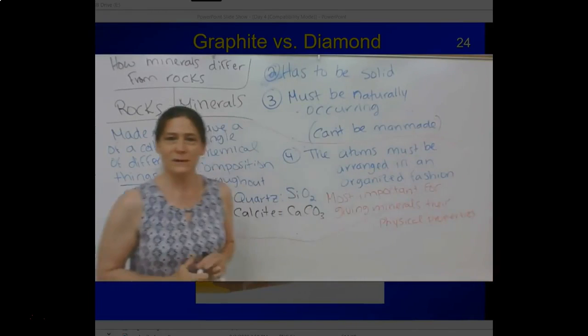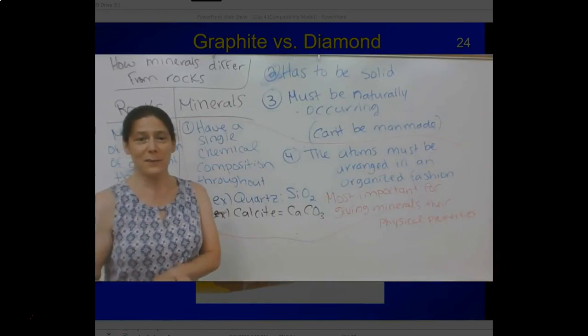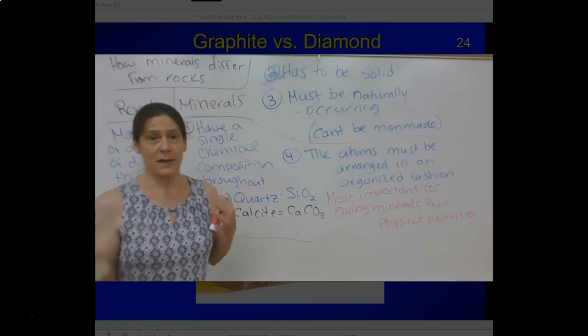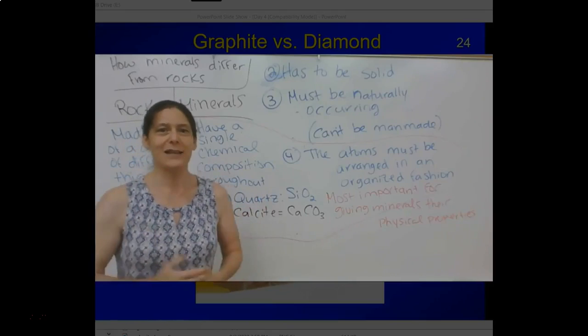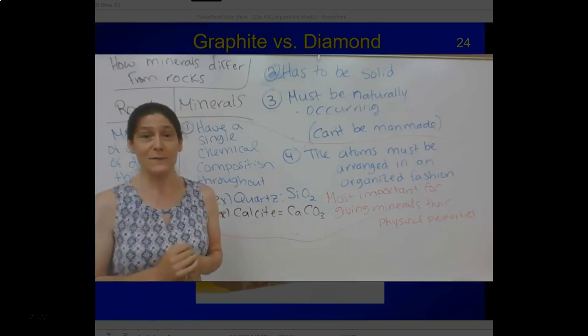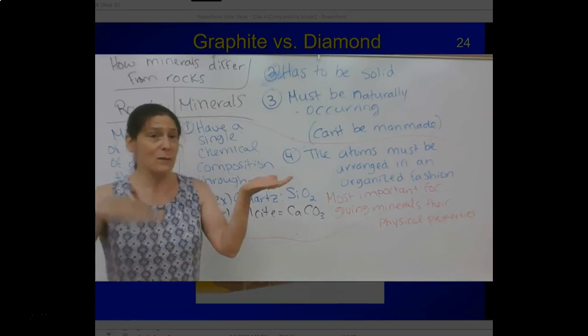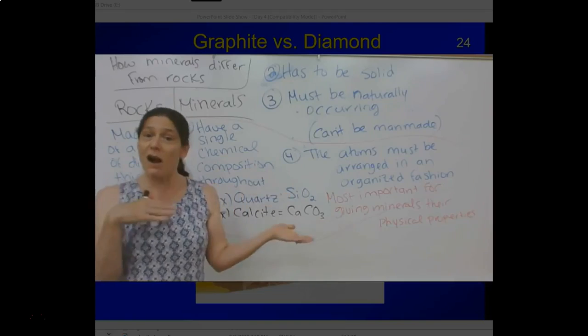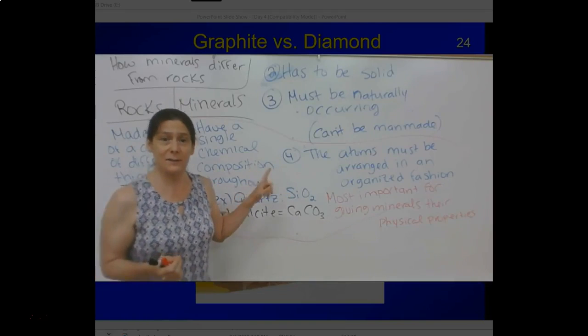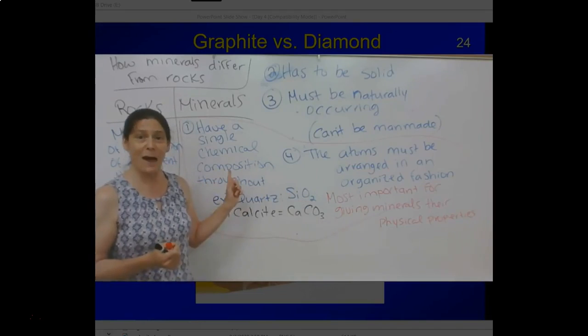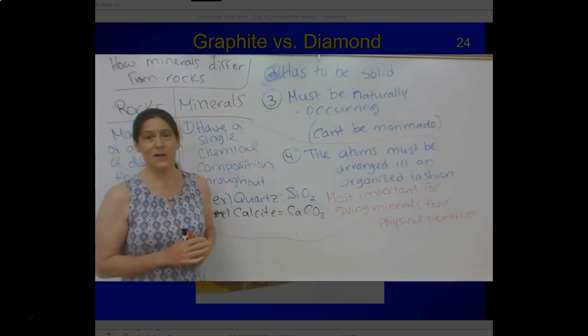In lab this week, you're getting introduced to the physical properties of minerals, whether it looks like a metal, whether it looks like glass, whether it's hard, whether it's soft. That is determined by these two things: the chemical composition and how those atoms are arranged.